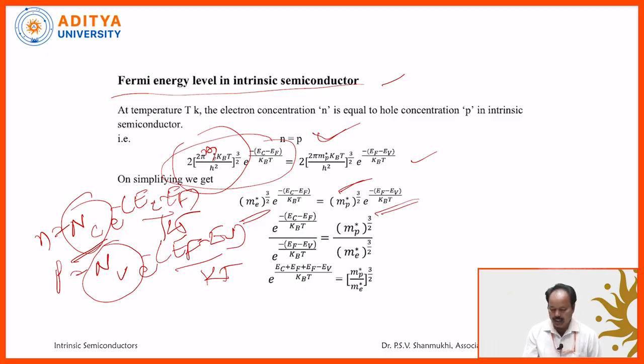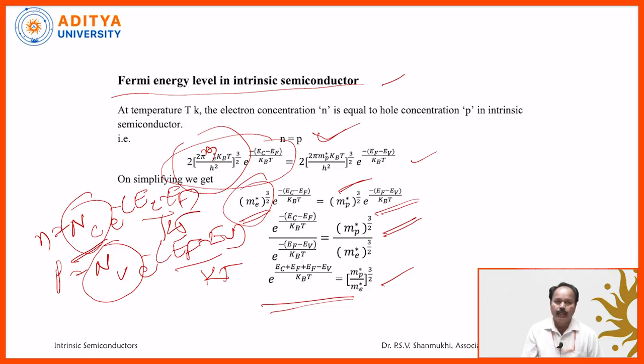So anyhow, writing this term in the LHS and me star in the RHS, what do you get here? e power minus of (Ec minus Ef) by kT divided by e power minus of (Ef minus Ev) by kT, it is equal to mp star whole power 3 by 2 by me star whole power 3 by 2. Again simplifying this one, e power something is equal to (mp star by me star) whole power 3 by 2.